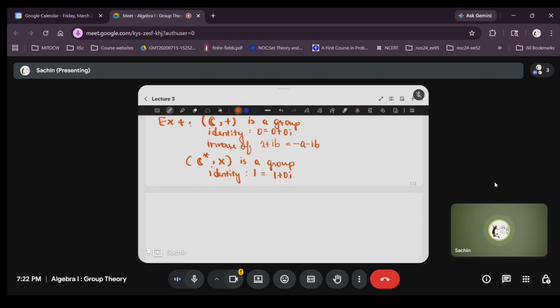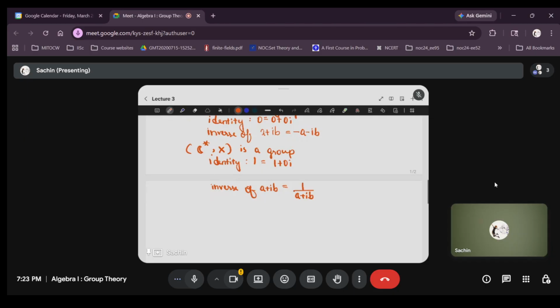And the inverse of a plus ib is 1 over a plus ib. And since 0 is excluded, 1 over a plus ib makes sense.